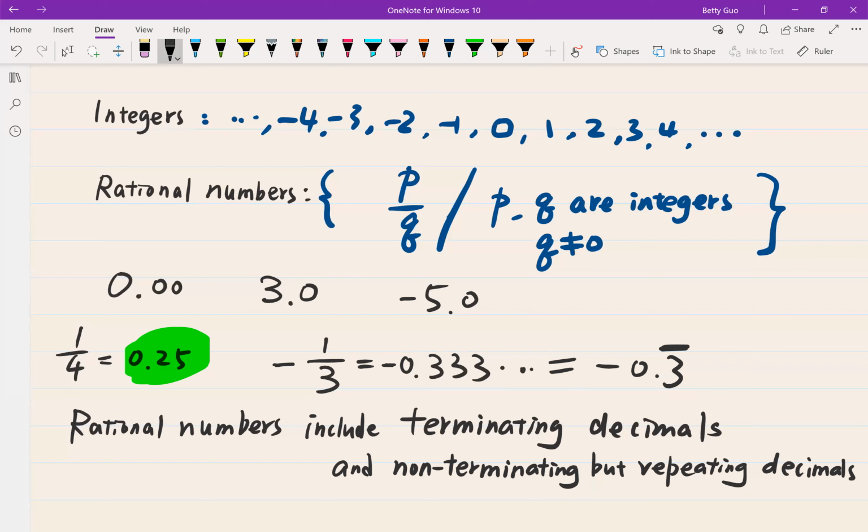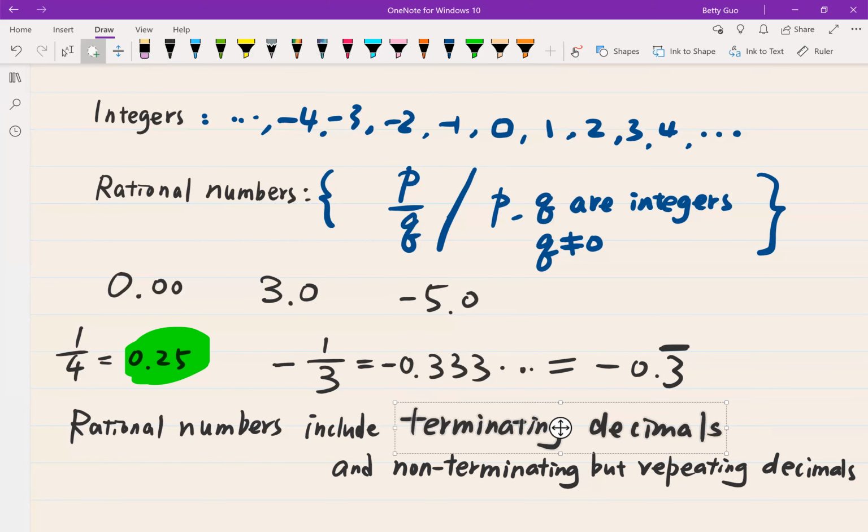Turns out any rational number is either a terminating decimal or a non-terminating but repeating decimal. That's the second definition for rational numbers. The first one, rational numbers as a fraction. The second definition, rational numbers as decimals. So let me change the color here.